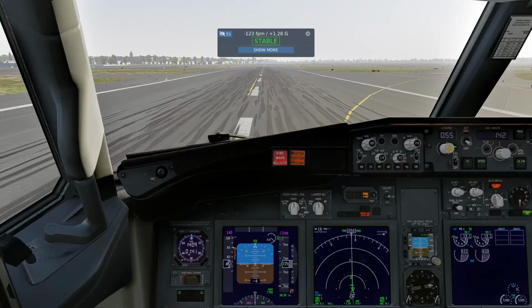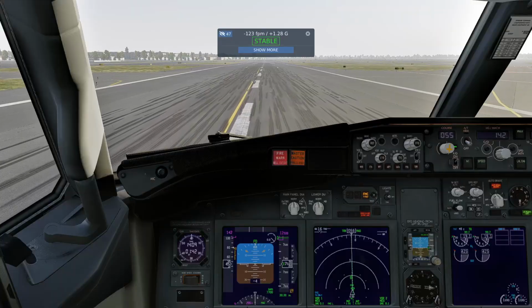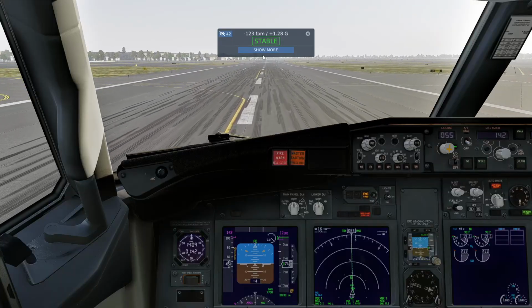Nice and stable then, as you saw. Good approach. It should increase your chances of a nice successful landing.